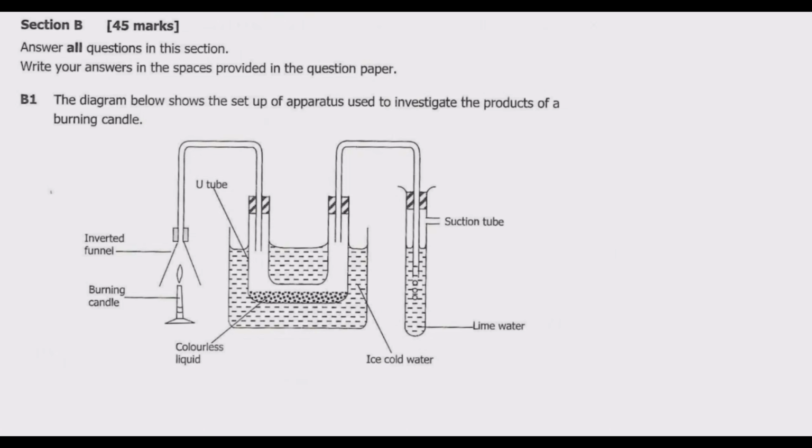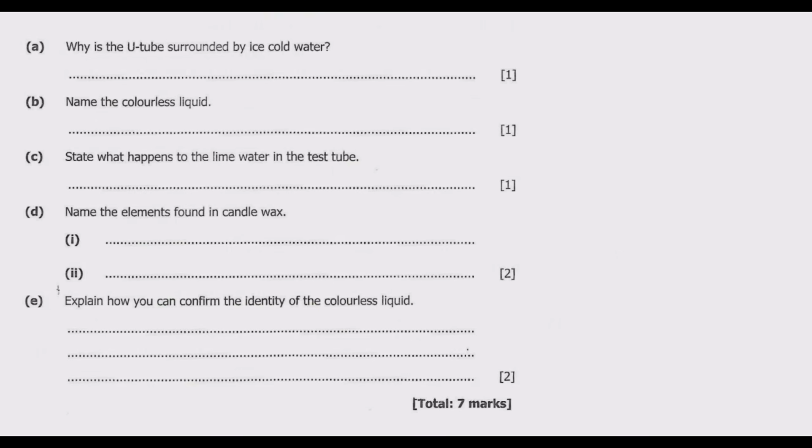So we have the burning candle, then the U-tube, then the colorless liquid in the U-tube, then the ice cold water, then the suction tube, then lime water. Question A: why is the U-tube surrounded by ice cold water?